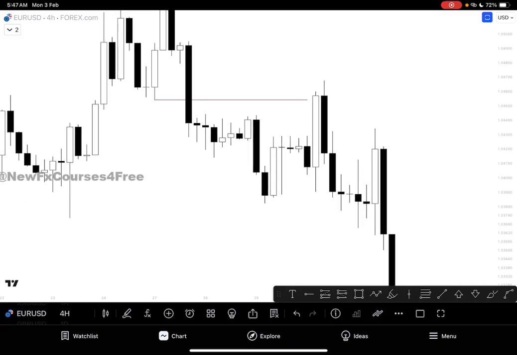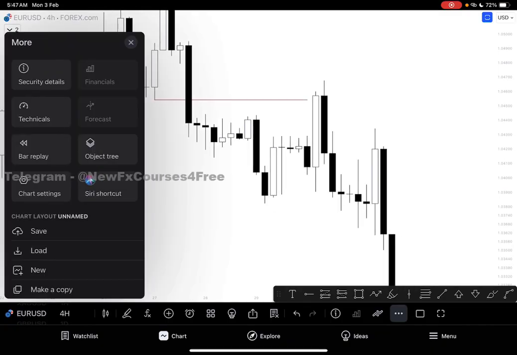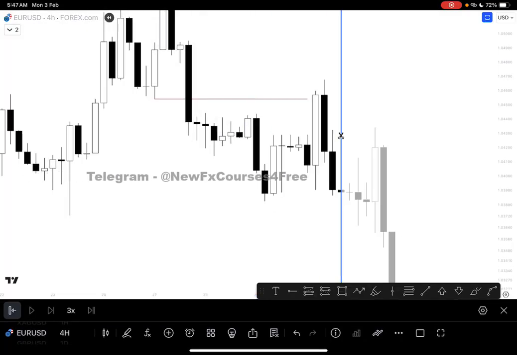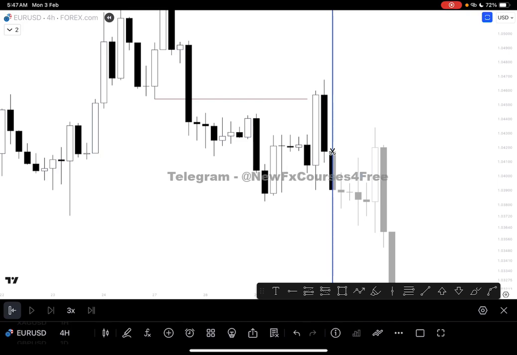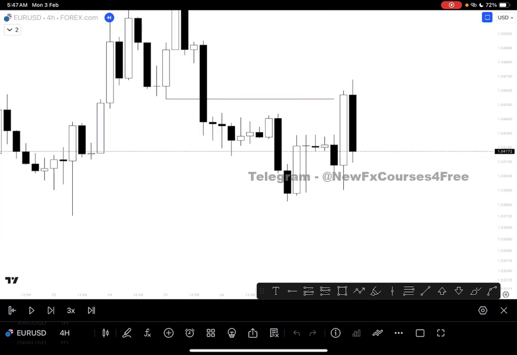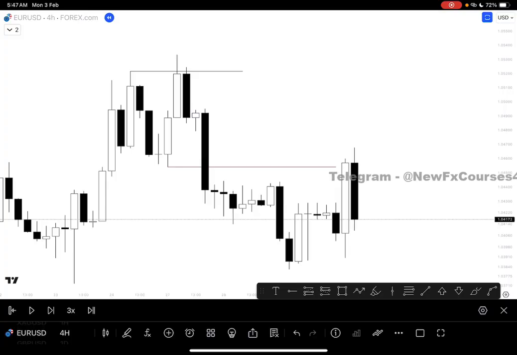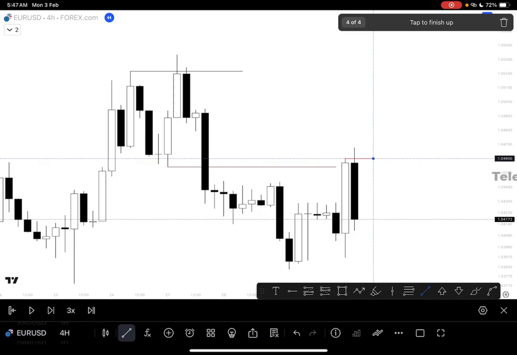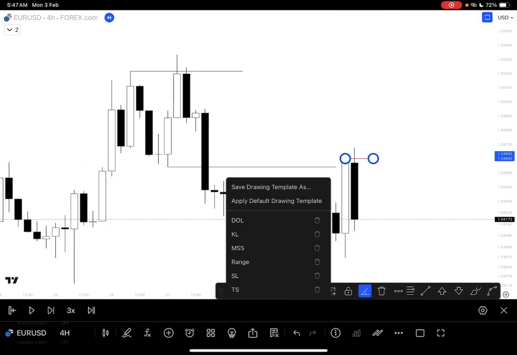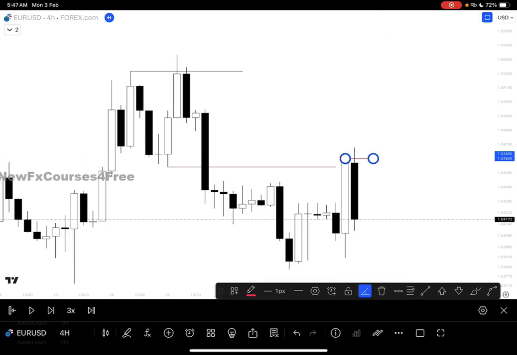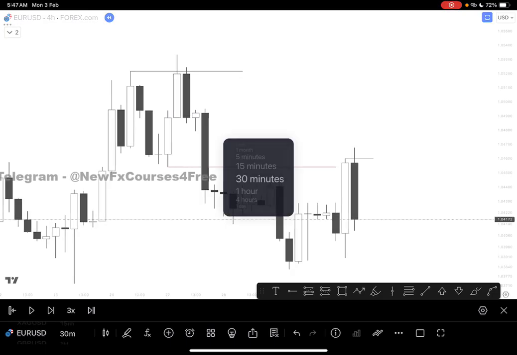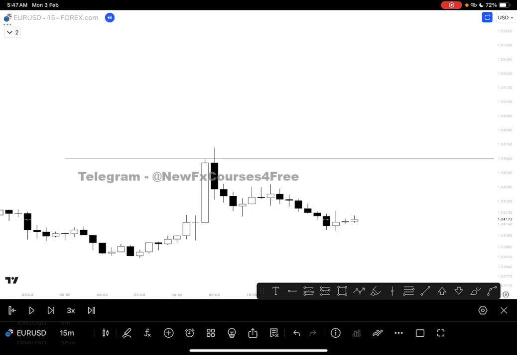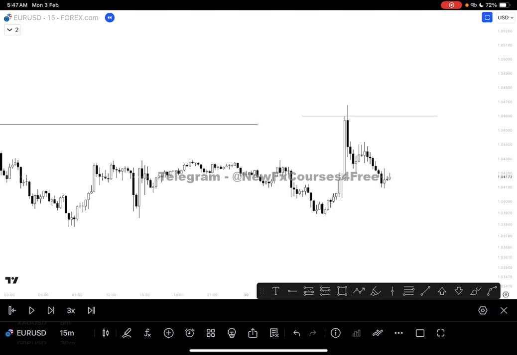So let me go down to the 15-minute time frame of this structure here. After sweeping this high and tapping on our key level with that move, remember you go from the 4-hour time frame to the 15-minute time frame.